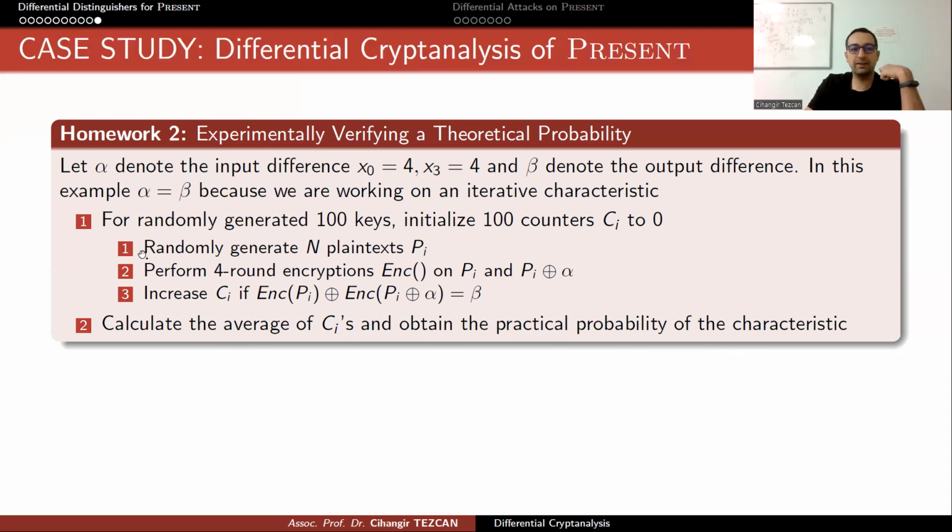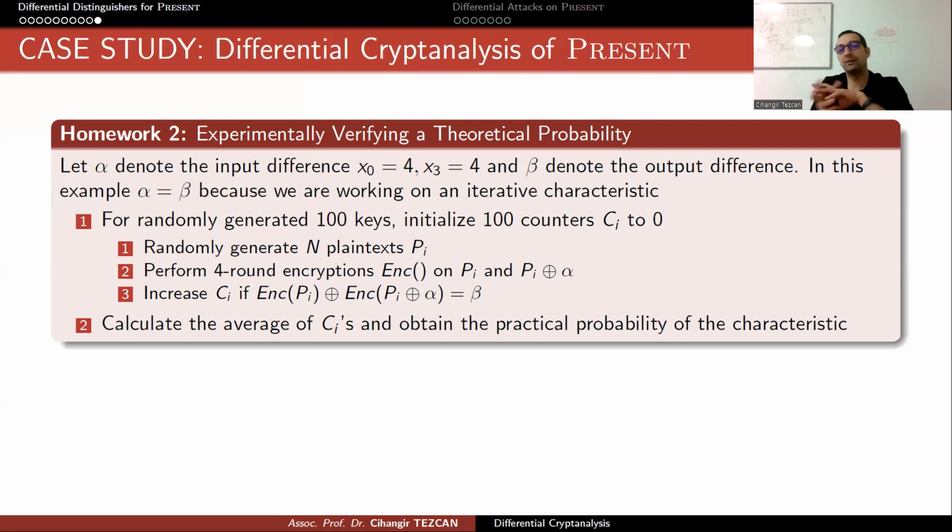For instance, you can take this step above and put it here, and it would probably be easier to implement, because you randomly generate the plaintext, encrypt with every one of the 100 keys you already pre-generated, and then increase the counters. At the end, when you look at the counters, it will be the number of times you observe this output. So divide this average by n, and it will give you the practical probability.